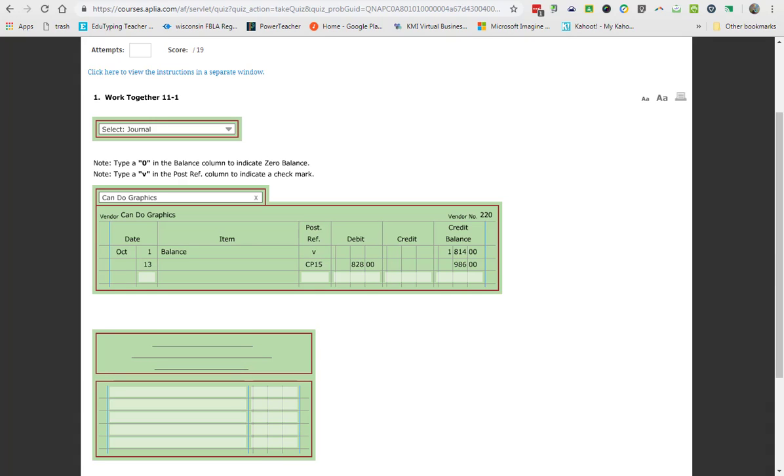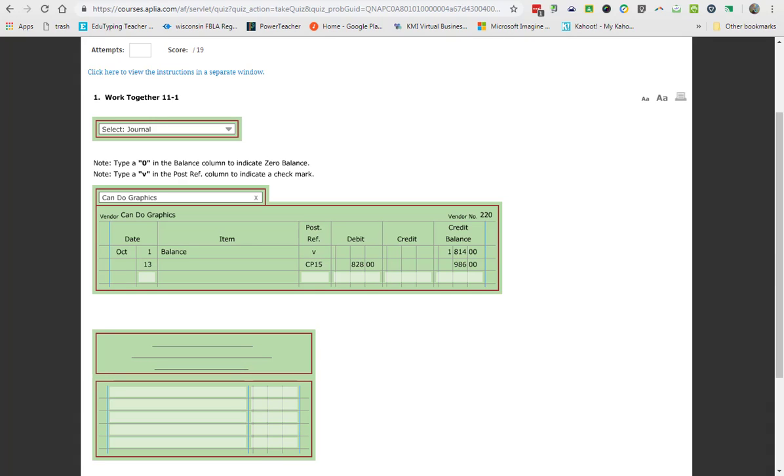CR would be Cash Receipts Journal, and then your page number. CP would be Cash Payments. P, Purchases. I can't remember if it's G or J. General Journal. Is it G? G, and then your page number. So this will clue you into the journal and the page number that you're working with for your post reference.